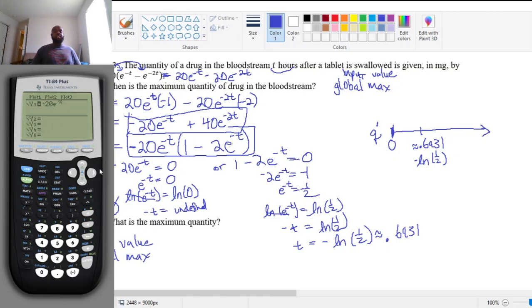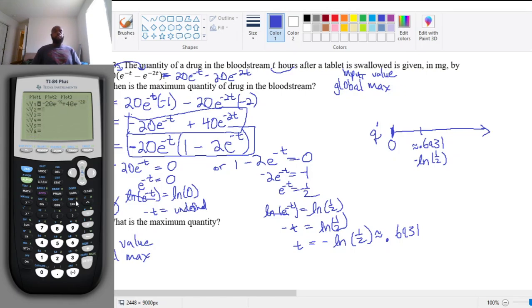Well, our calculator is in x and y, so that would be e to the negative x, then plus 40 e raised to the negative 2x. Now, if your calculator doesn't put your exponents in your exponents, make sure that you put that negative 2x in parentheses, because if you don't, then you're going to get it incorrect.